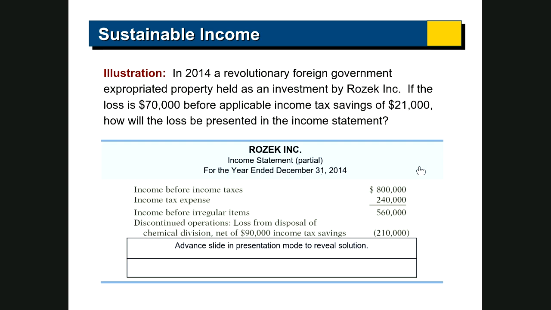What is comprehensive income? An example is unrealized gain or loss on available for sale securities. What is security? Security is stocks and bonds that a company buys of another company.